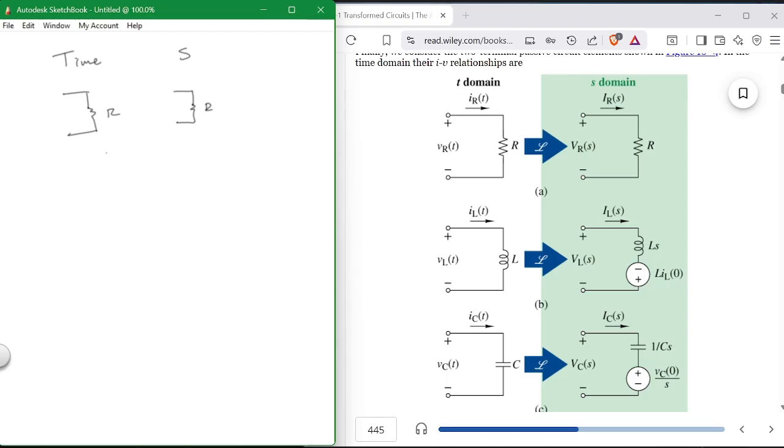And here you have an inductor, an L, and in the S domain, it is an LS, and then a voltage supply, minus to plus, of L times I sub L at 0.